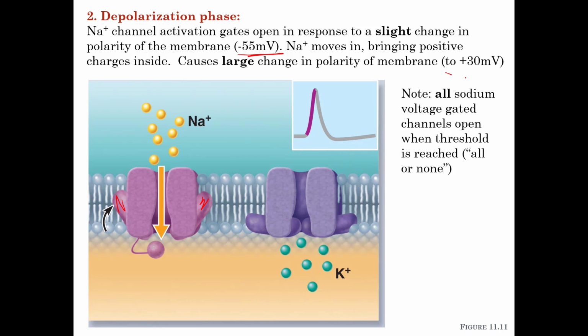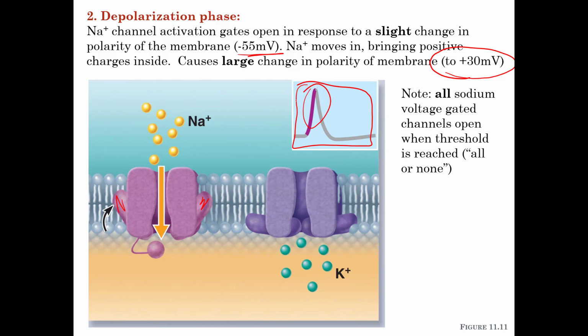So we end up with depolarization at plus 30 millivolts. That means the inside of the cell membrane is now 30 millivolts more positive than the outside. Okay, this is shown here on this graph where we have the large peak in our electrical potential here, the large change.